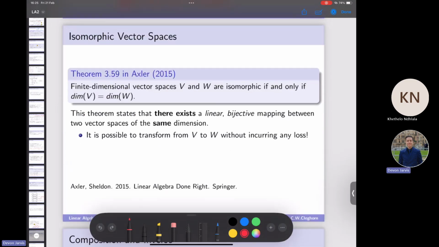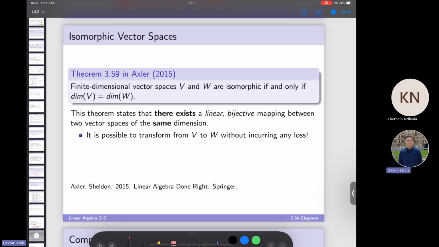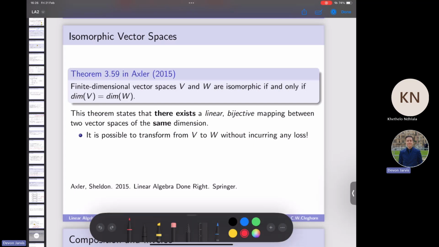You have theorem 3.59 in the textbook. Finite dimensional vector spaces V and W are isomorphic if and only if their dimensions are the same. Again, if I took something in a cube and mapped it onto a square, the dimension of the cube is 3, the square is 2, we've lost rank. It's no longer invertible.